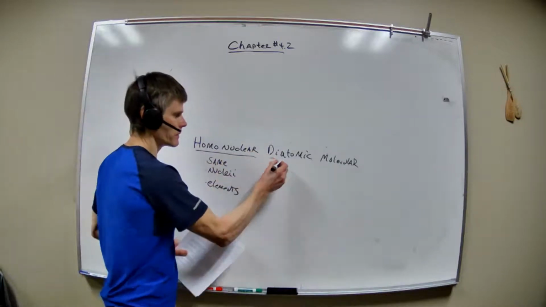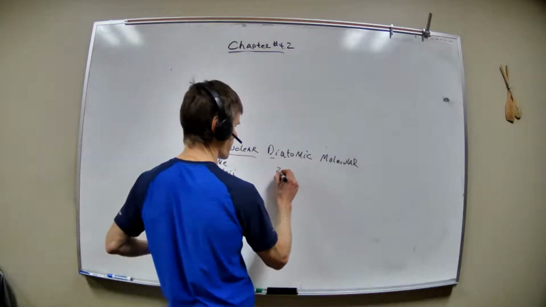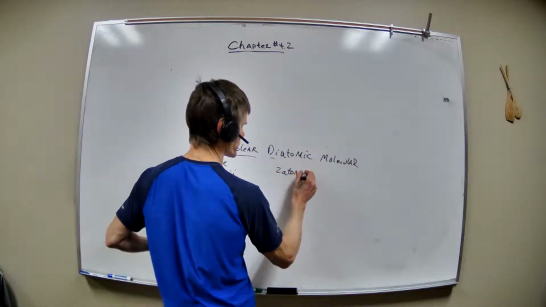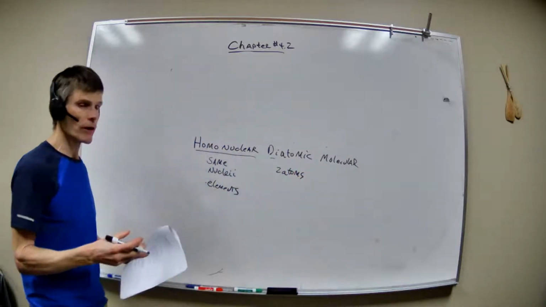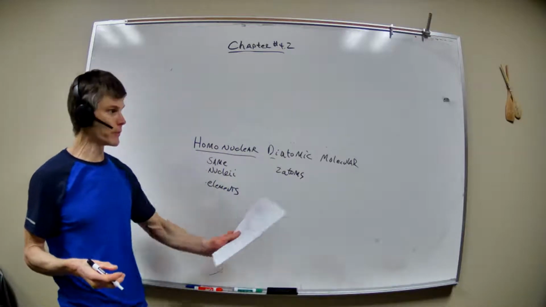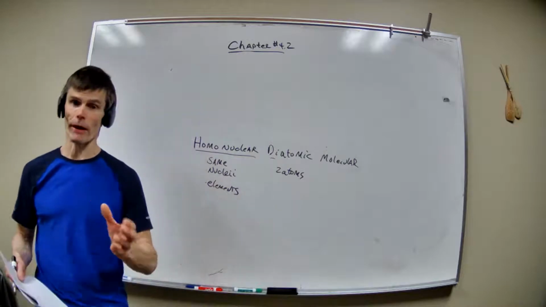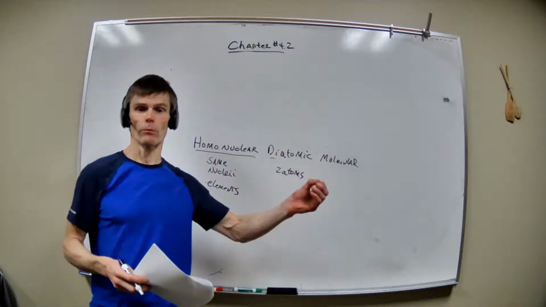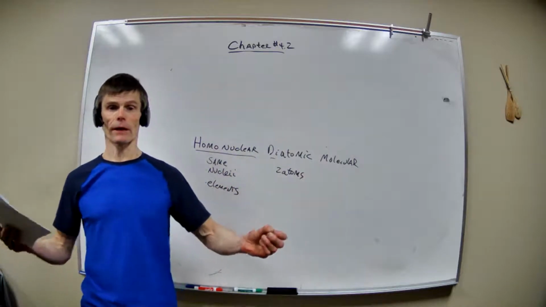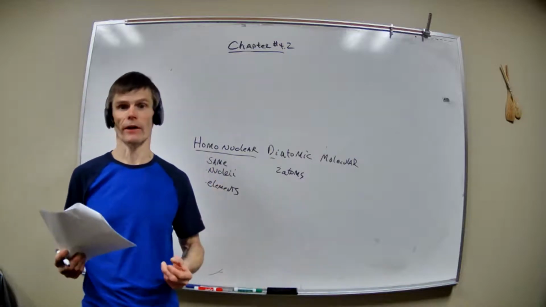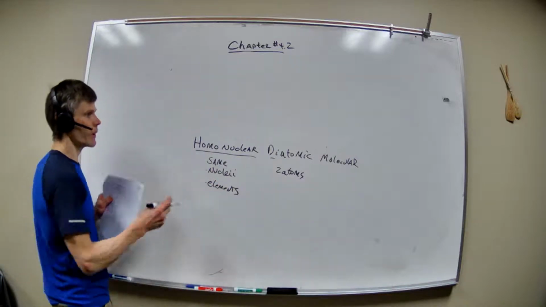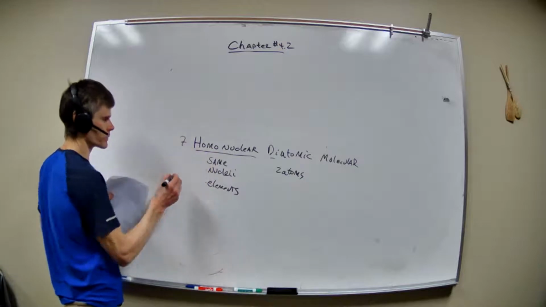Diatomic, di, two atoms. Two identical elements that are combined form molecules. They're going to share electrons. There's really no propensity for an electron to spend more time close to one atom in comparison to another when they're identical. There are 7 homonuclear diatomic molecules.